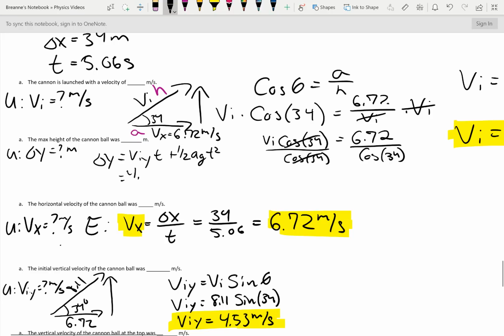So you got 4.53 times 5.06 plus 1/2 times negative 9.8 times 5.06 squared. I don't have very much room here, so I'm not going to do all the steps like I usually do. But remember, you got to do this side first, then this side. Do not forget the squared. A lot of people forget the squared. You plug that into your calculator.